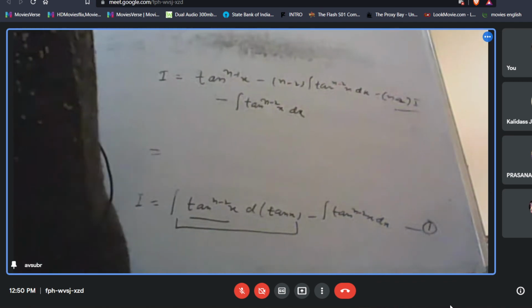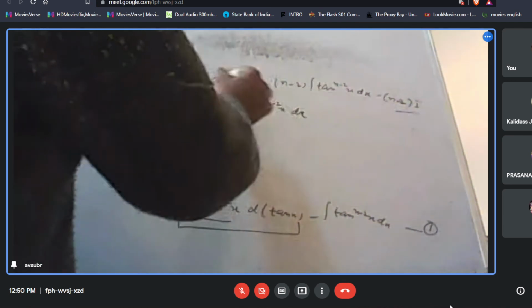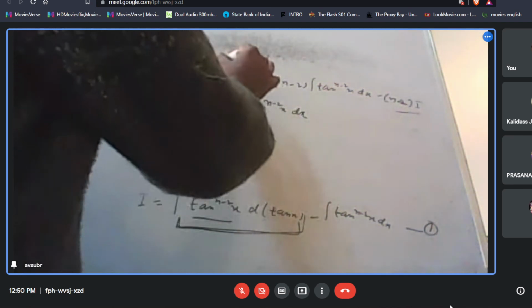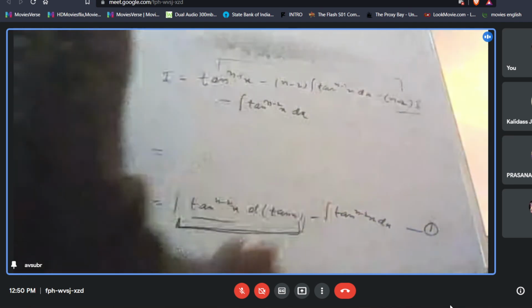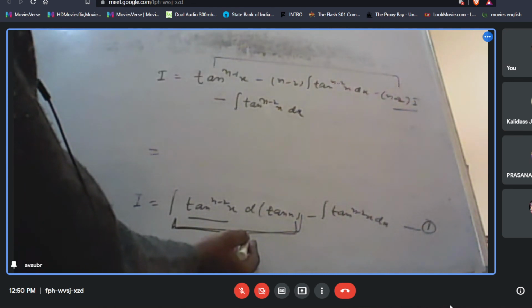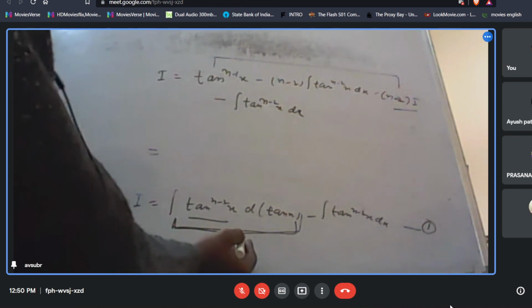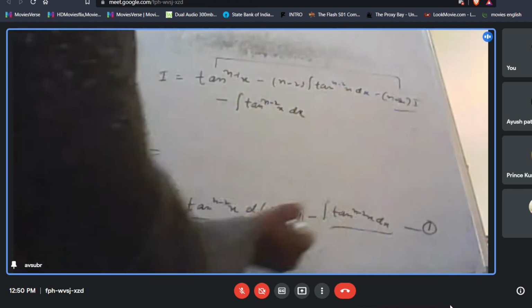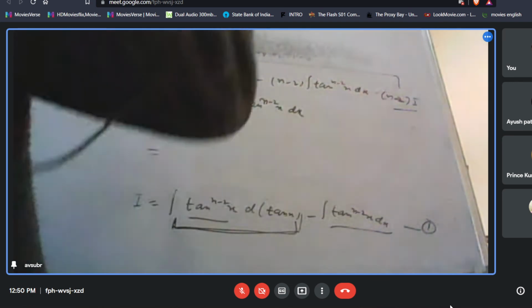Now it is fine. This value is up to this only. Is it or not? Yes, sir. So we have put this value, so now this also I have included in equation 1.